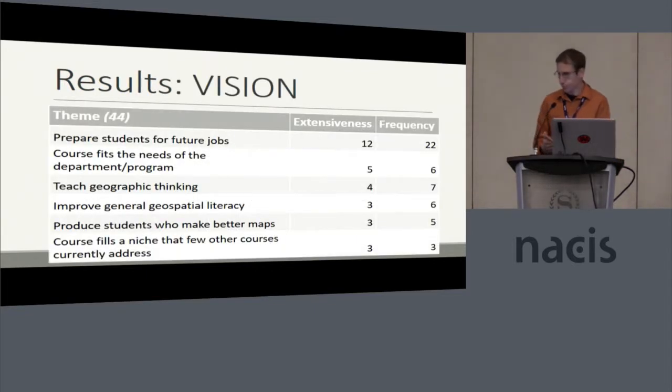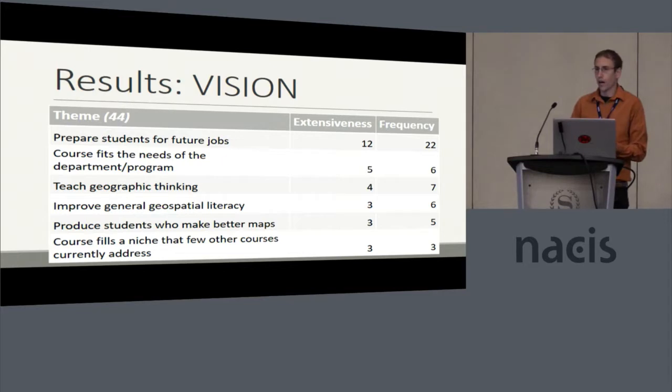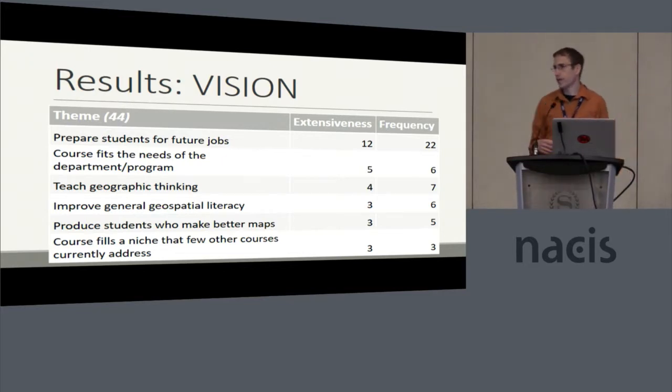All right. First off, the vision was the code applied to statements about the overall purpose of the course and the grand scheme of the instructor's program or society as a whole. We can see that the majority of interviewees, 12 out of the 20, said that their ultimate goal is to prepare students for future jobs, which seems pretty reasonable, right? We want our students to get gainfully employed.